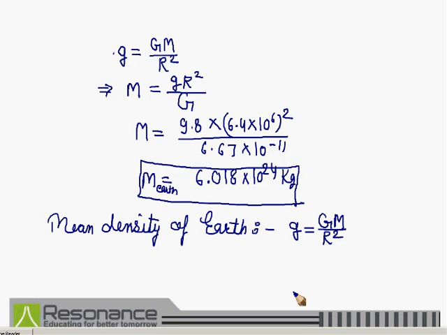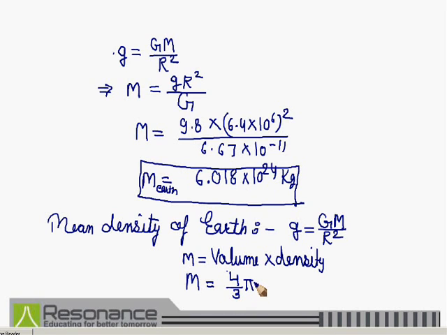Let rho be the mean density of earth, since earth is assumed to be a homogeneous sphere of radius capital R. Therefore, the mass of earth is given by capital M equals volume into density. So, M equals 4 by 3 pi R cube into rho.